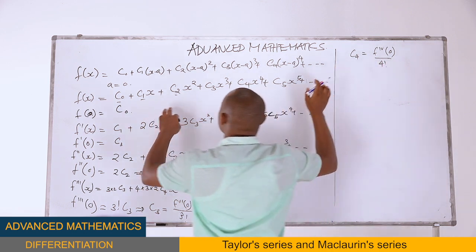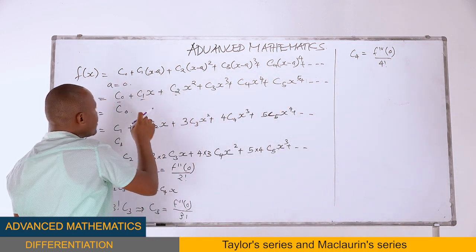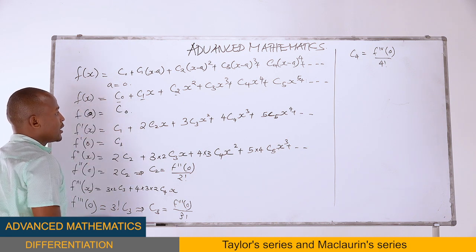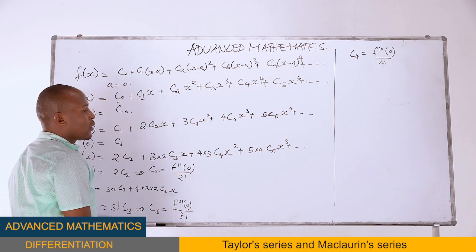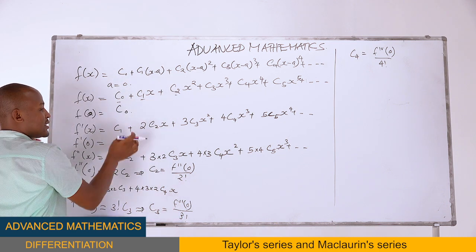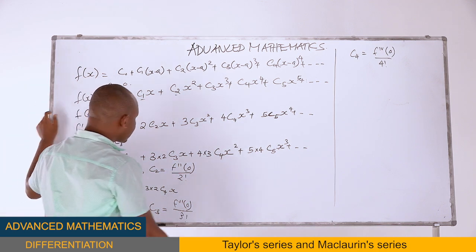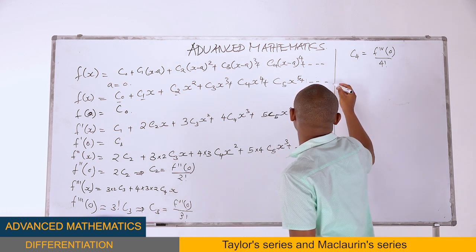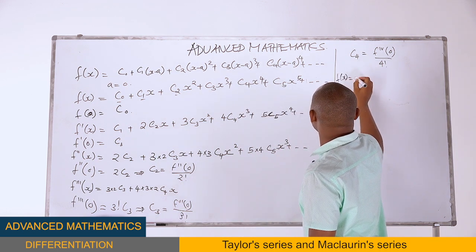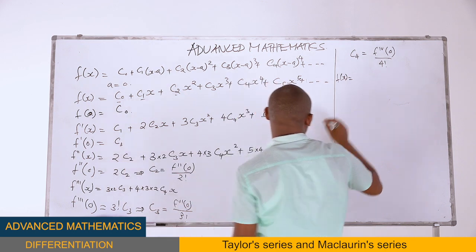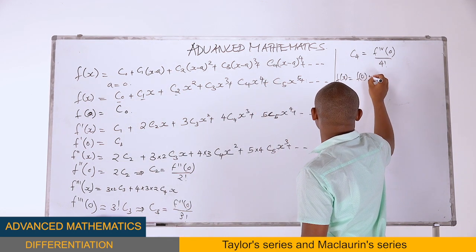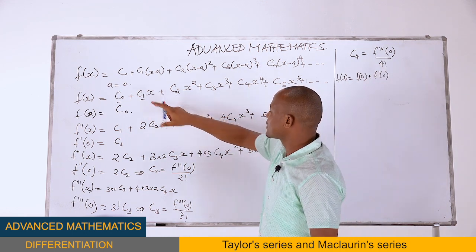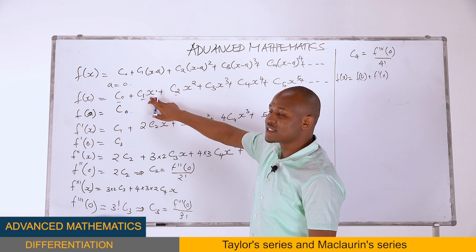If you plug all of those values into the expression, what are we going to have? F of x equals f of 0, plus f dash of 0 multiplied by x. Now I will replace x by h.